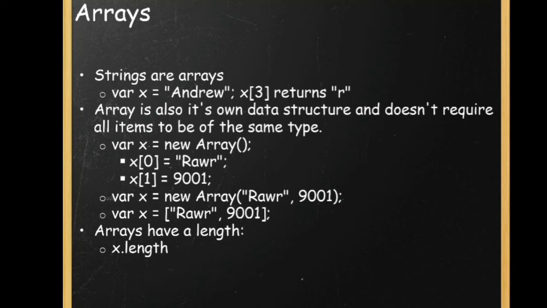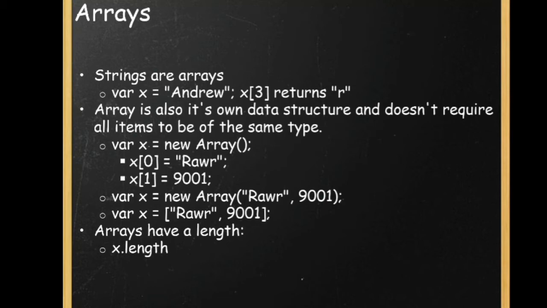In short, you can say we can write the values separated by semicolon. Array is also its own data structure which contains different data with different data types. Like var x equals to new Array, it is a function which works similarly as we have learned previously how to declare an array.